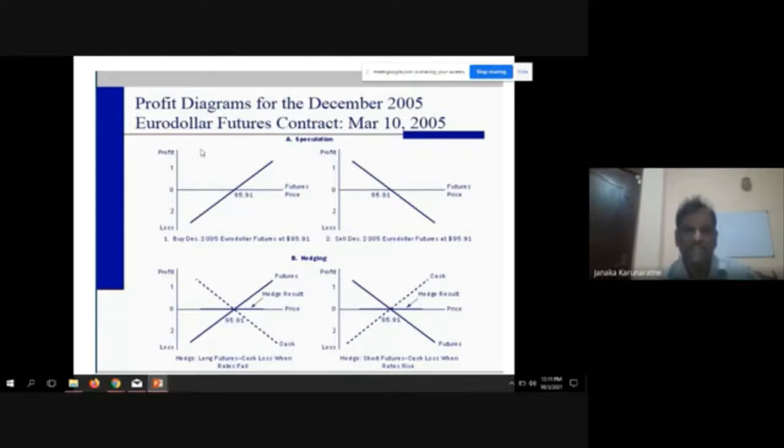Let's say interest rate falls. So this is what typically happens, interest rate falls.